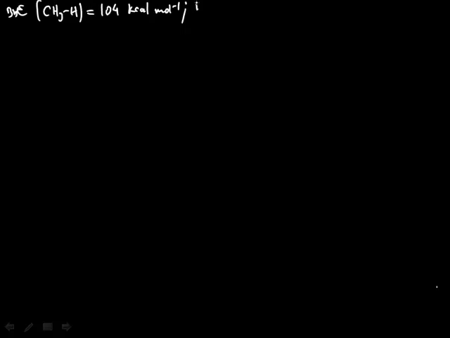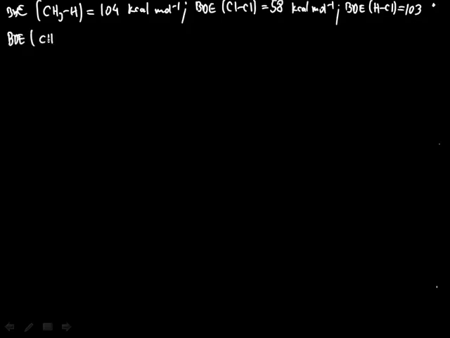The bond dissociation energy of the chlorine-chlorine bond is 58 kilocalories per mole. The bond dissociation energy of the hydrogen-chlorine bond is fairly high, 103. And then the bond dissociation energy of the methyl-chlorine bond is 84 kilocalories per mole.